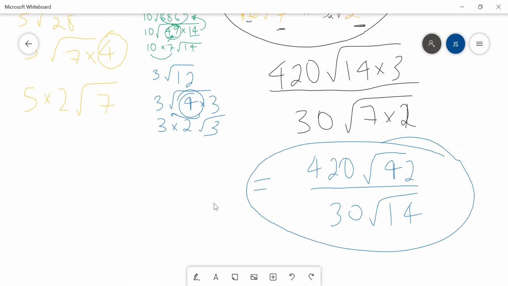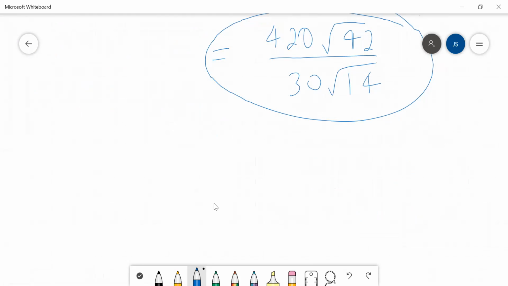Now, what I will encourage you to do is always try and find the answer in decimal form so you can match it to the original, because our first fraction and our second fraction are the exact same. The only thing we did is we simplified it. So 420 square root of 42, denominator 30 square root of 14, is the same as saying 24.24 and so on.